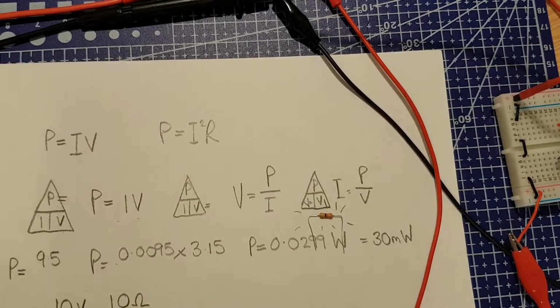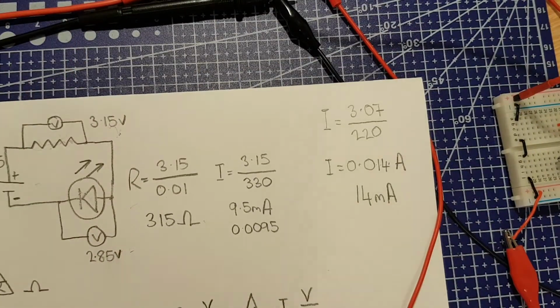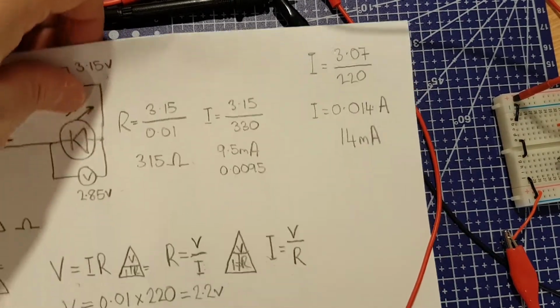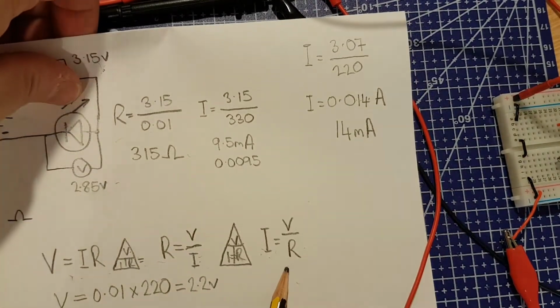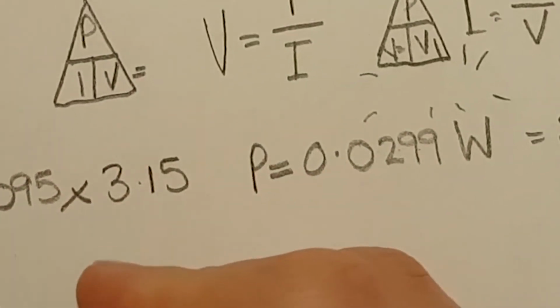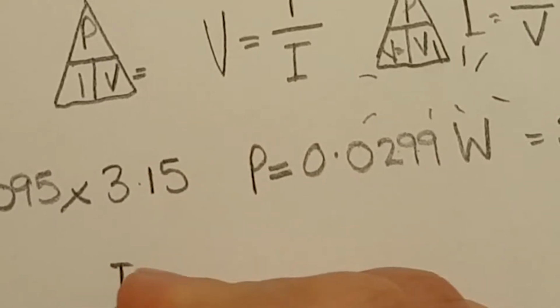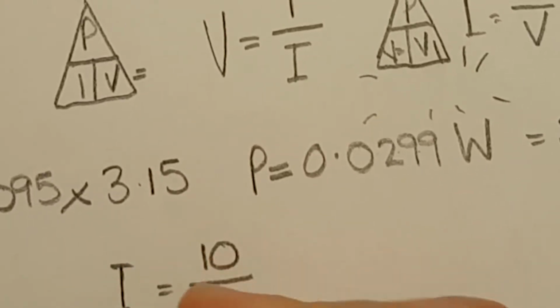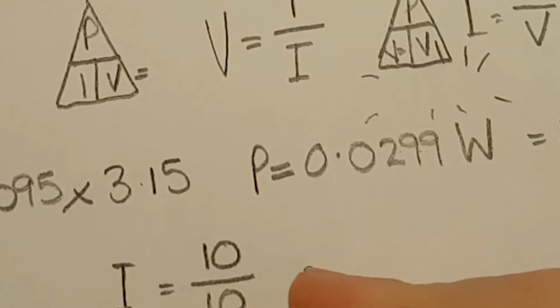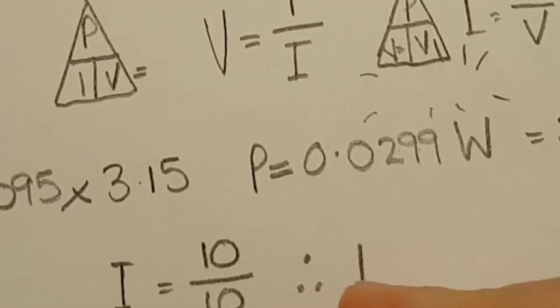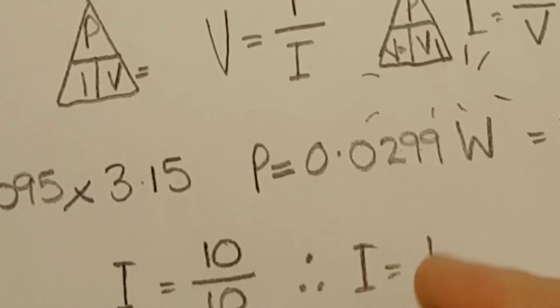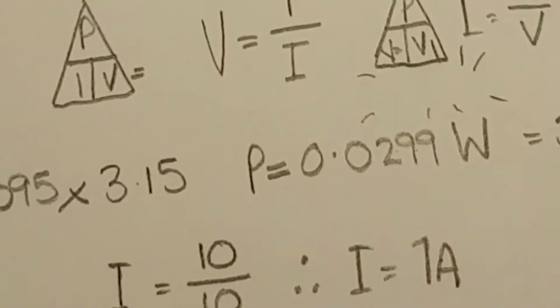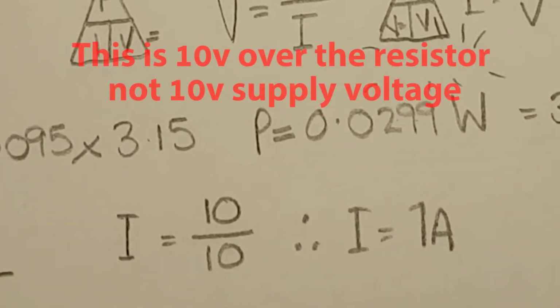So we go back to our triangle on this page, we want the current. So it's I equals V over R. I equals 10 over 10. Therefore, I equals 1 amp, which is a substantial amount.